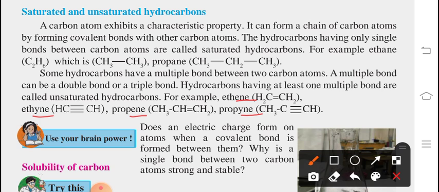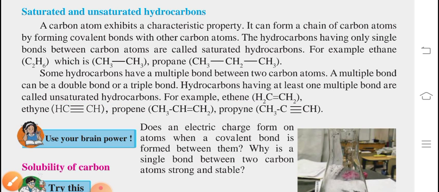With that double and triple bond is there, and those come with unsaturated hydrocarbons. So you can distinguish very nicely whether it has a single bond or a double or triple bond, and the parent name is going to change with ane, ene and yne. Okay, so this way you can differentiate very nicely.